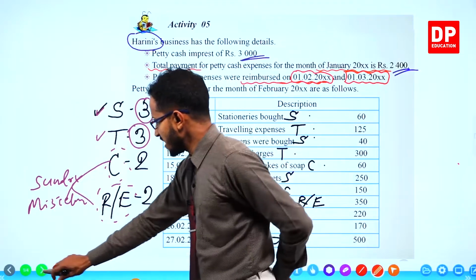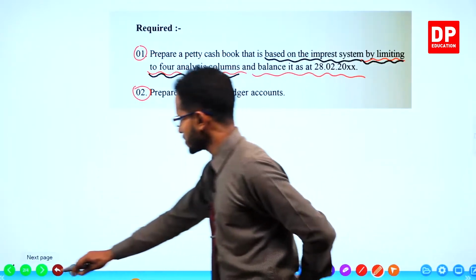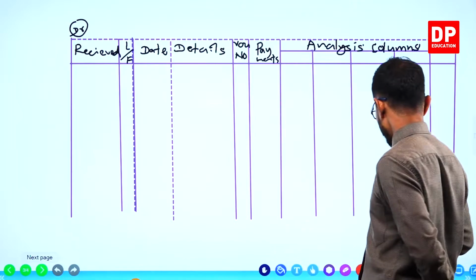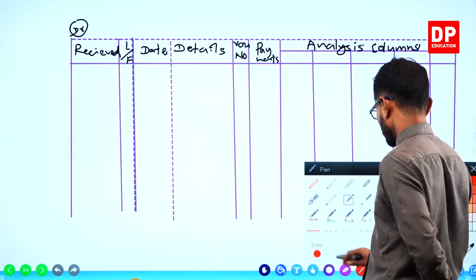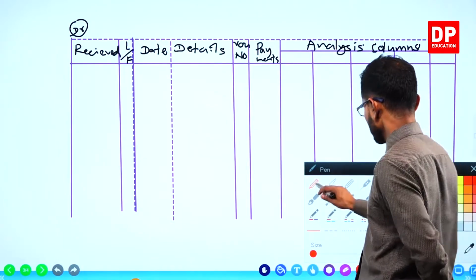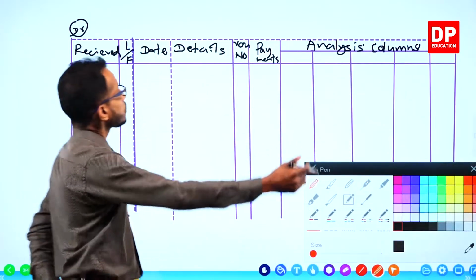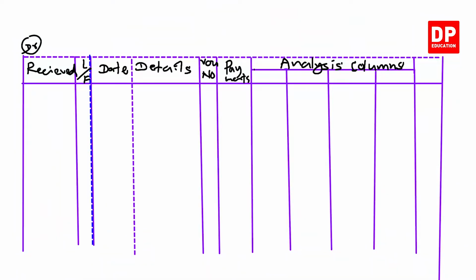All right, let's name the columns. Now we are going to name the columns, children. Traveling.